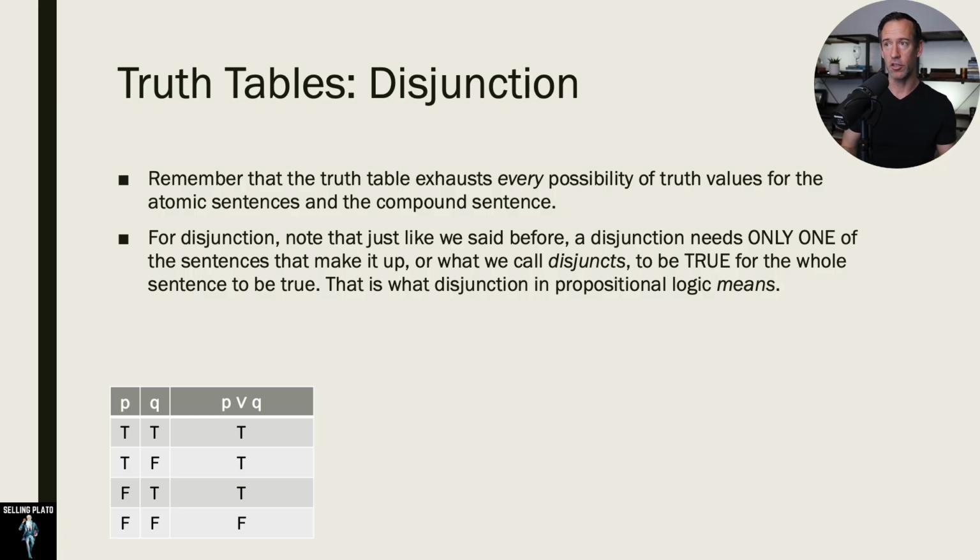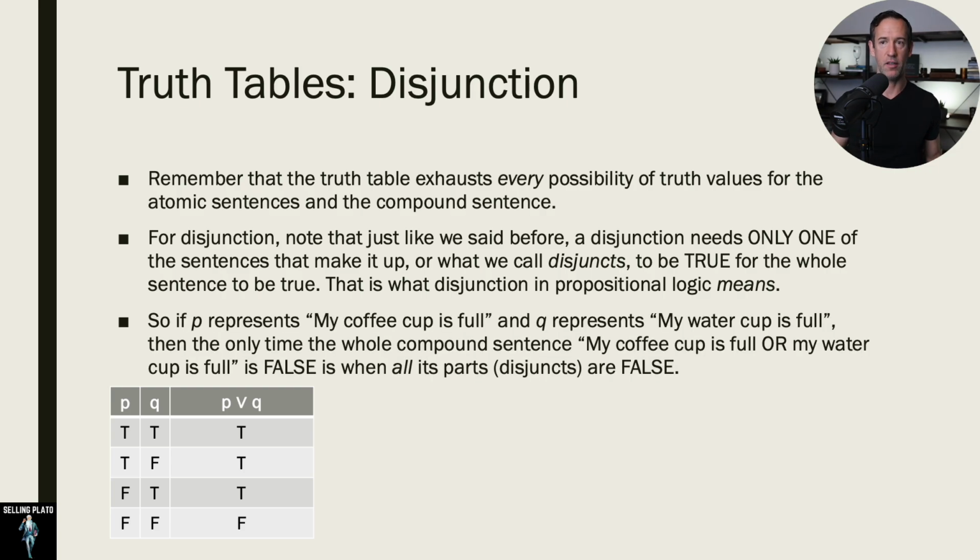So for disjunction, note that just like we said before, a disjunction needs only one of the sentences that make it up, or again, what we call disjuncts. It only needs one disjunct to be true for the entire sentence to be true. That's all it needs. And that is what disjunction in propositional logic means. All right. And it's represented there by this truth table.